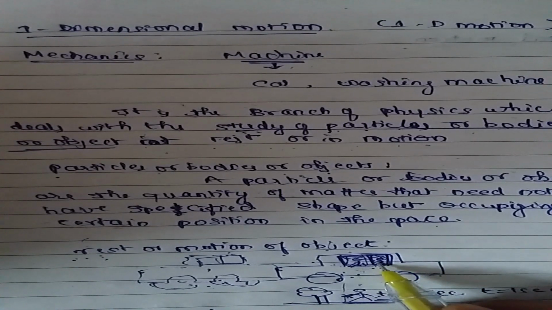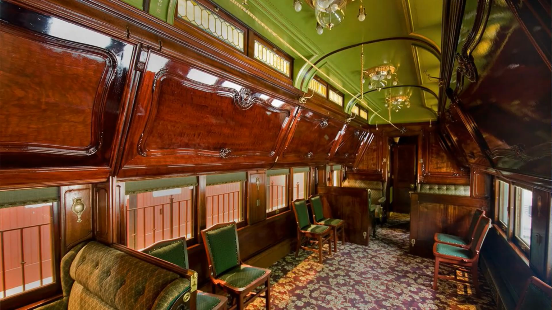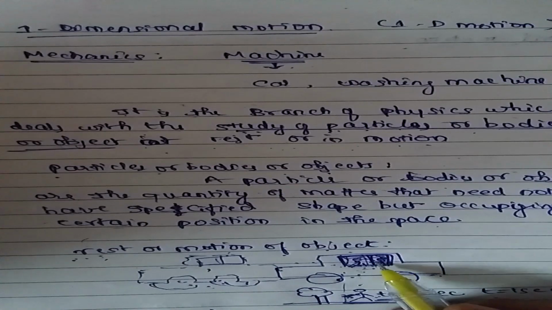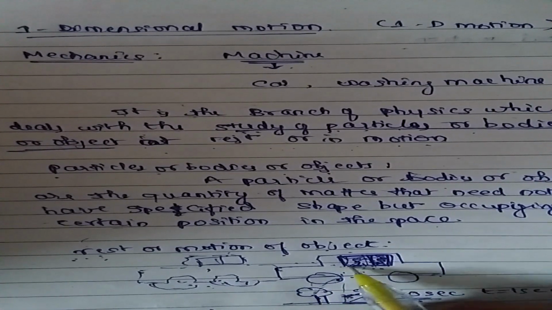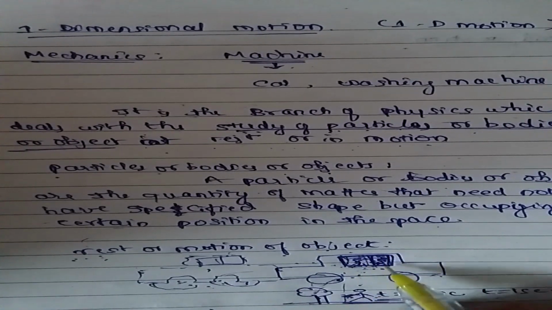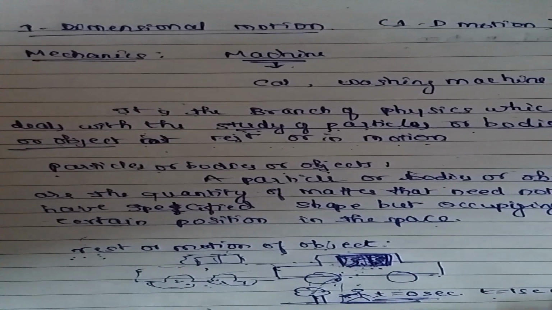According to one passenger, the car is at rest, because the doors and the other passenger or the driver are stationary. But if they look at the tree outside, they will come to know they are moving. If there is no provision to look outside, they may think that they are at rest.